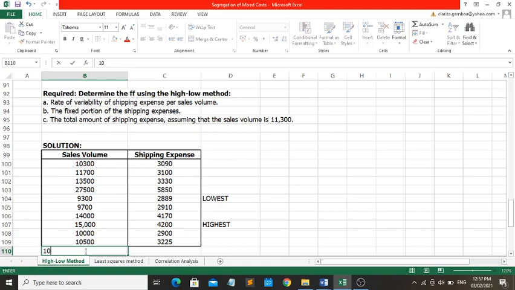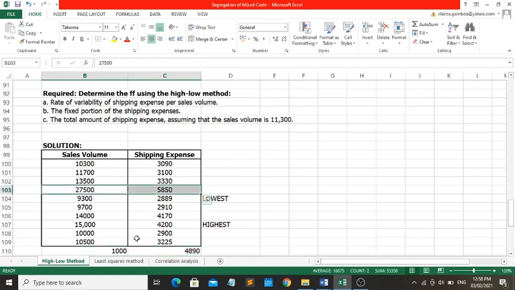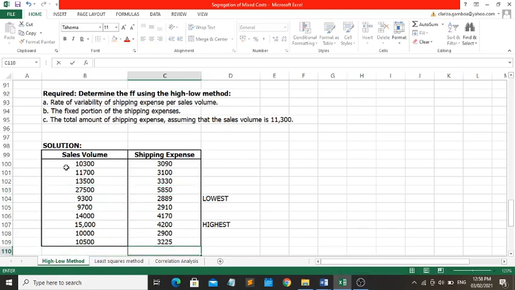And kung halimbawa, 1,000 dito, tapos 4,890 yung naging cost, hindi rin natin gagamitin or isasama sa paghanap ng highest and lowest point kasi extremely low siya. Ito namang 27,500, extremely high. Masyadong malayo yung range nila dun sa mga given information na nasa problem natin. Tama? So, ang tawag sa kanila ay mga outliers.